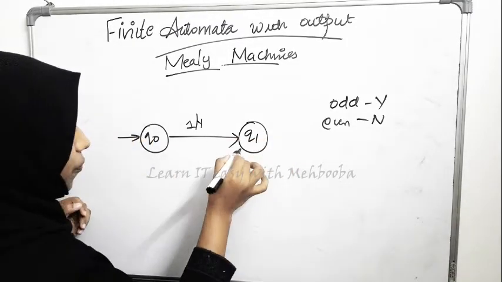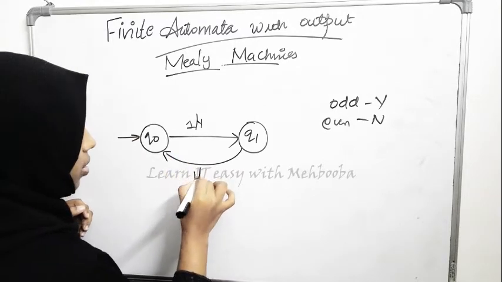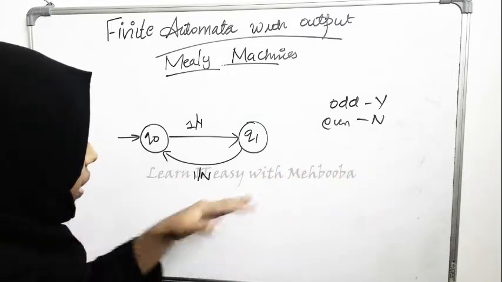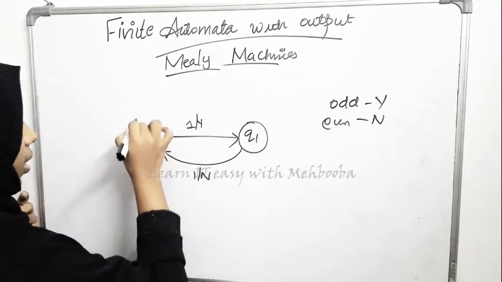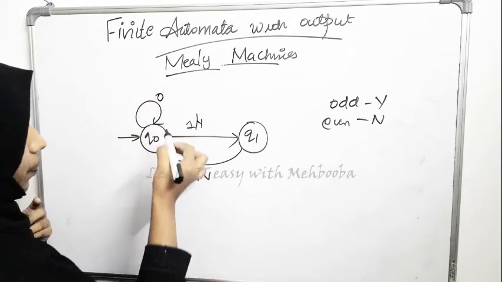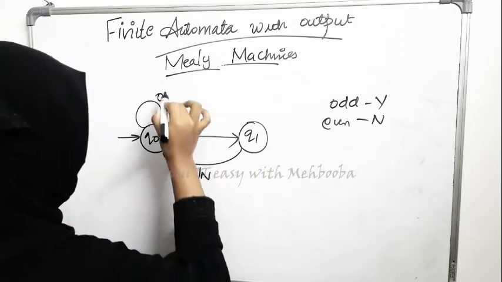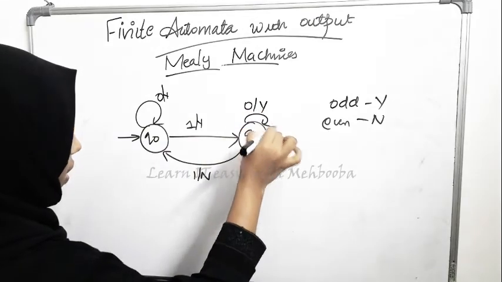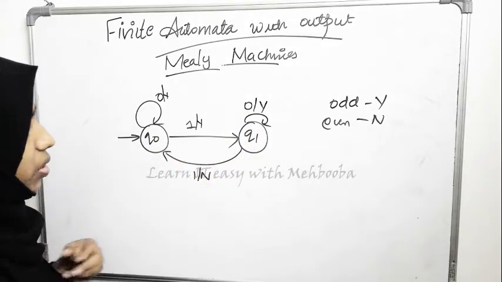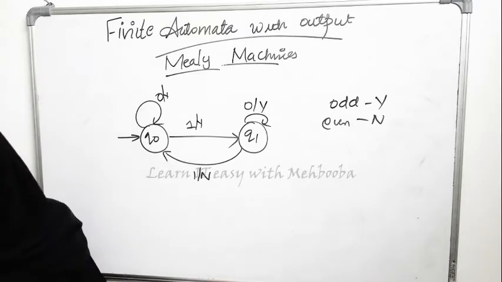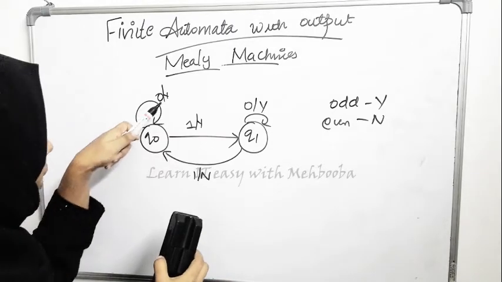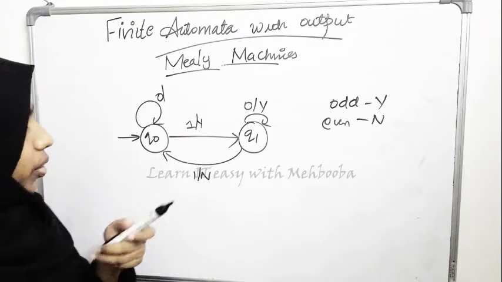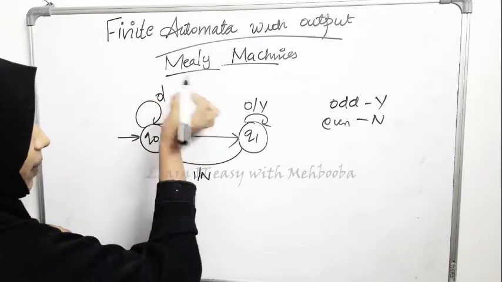Now if one more 1 comes, that is a no, because 2 ones makes the total number of ones even. Now you can have any number of zeros, that is not a problem. When zeros come, it is always yes, because you don't have any problem with the number of zeros. And again when it is a single zero, whenever you are at the start state, you can never have a yes for output.